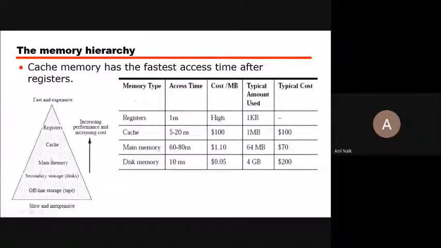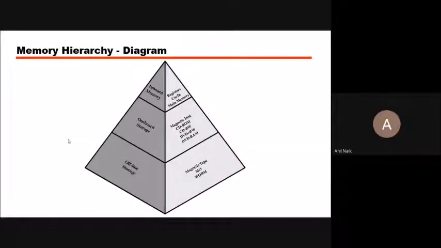You can see the triangle shape: at the bottom the size is large, but it is slow and inexpensive, less costly. But registers are fast memory and expensive. I hope this concept is understood by you all.